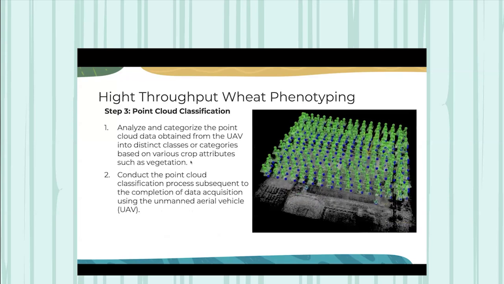So after that, when we have collected the data, now we will do point cloud classification. Point cloud classification is a process in which, after the acquisition of the data, the point cloud data obtained from the UAVs is classified into distinct classes and categories.